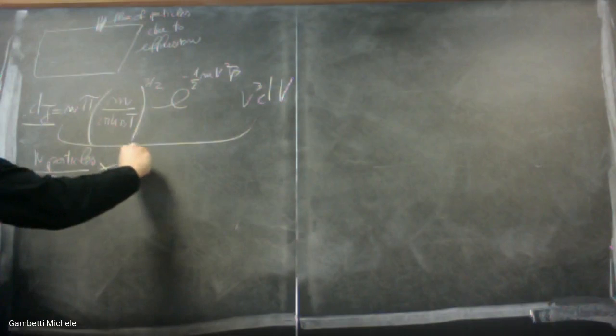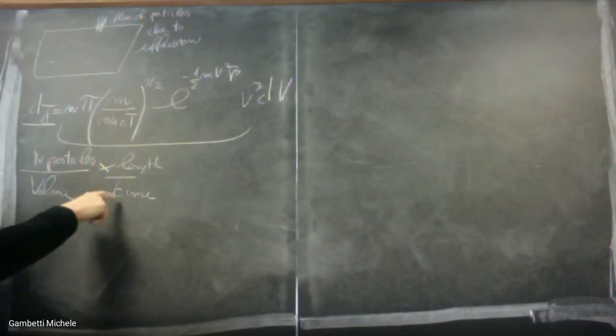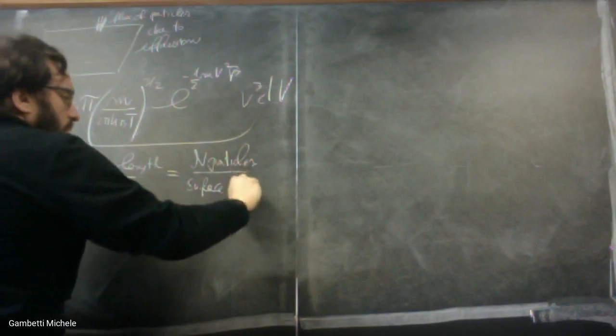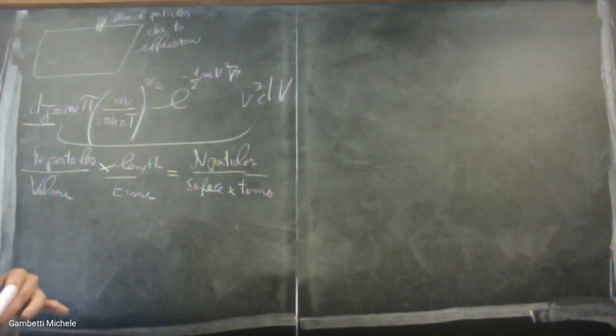Sorry if I'm doing this, but it's just to check the dimensions are correct. And this is a number of particles divided by volume. So this is a length and volume, of course, it gives me a surface. So this is number of particles divided by surface times time, which is the correct dimension of a flux of particles, no? Indeed.